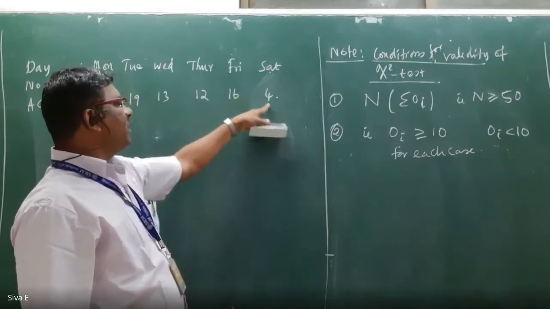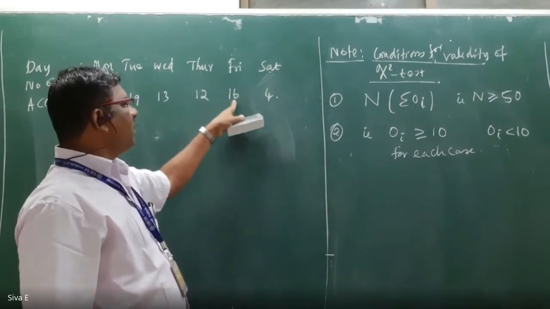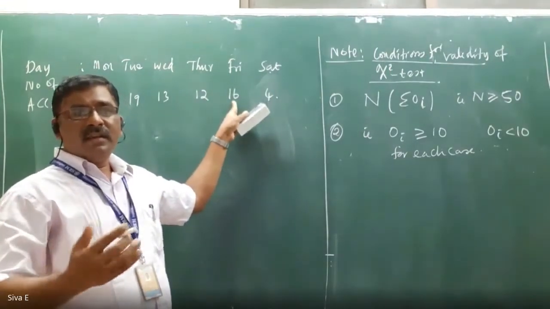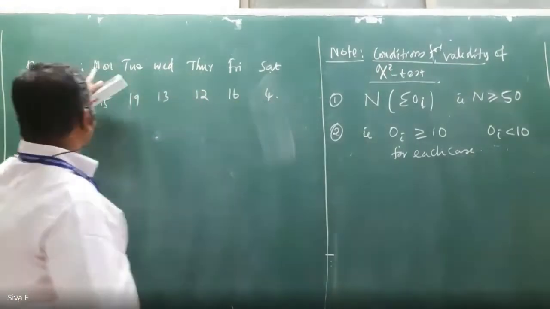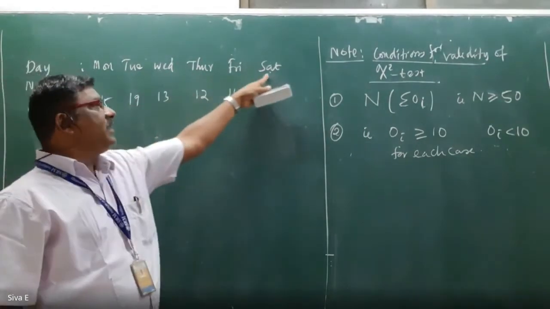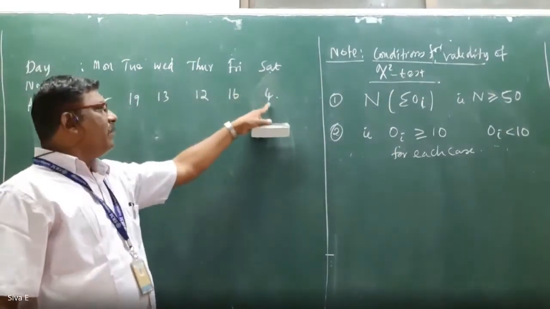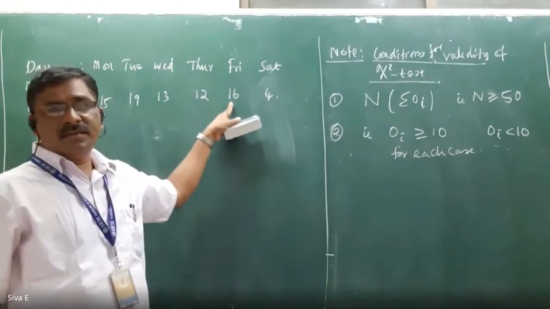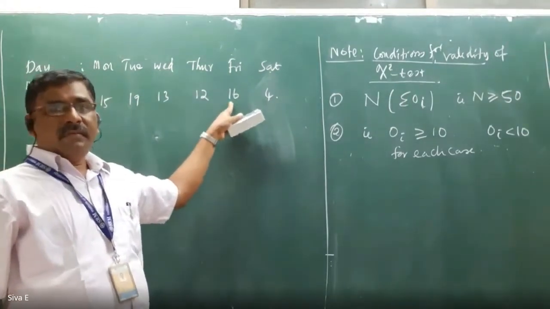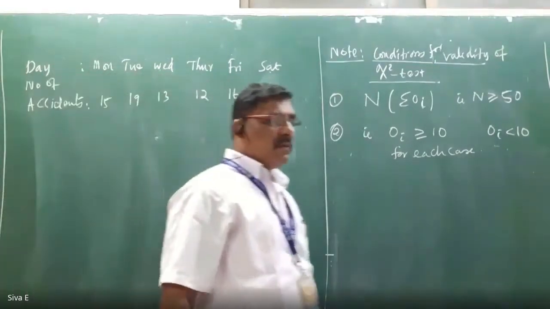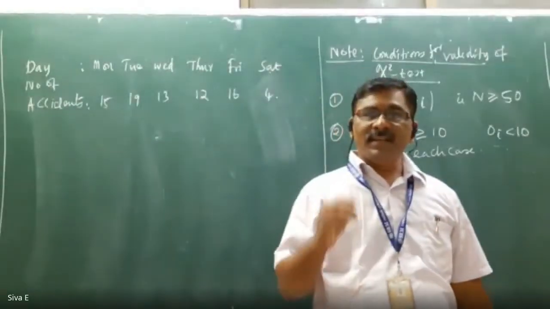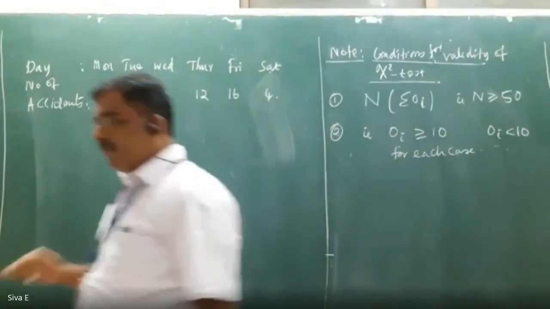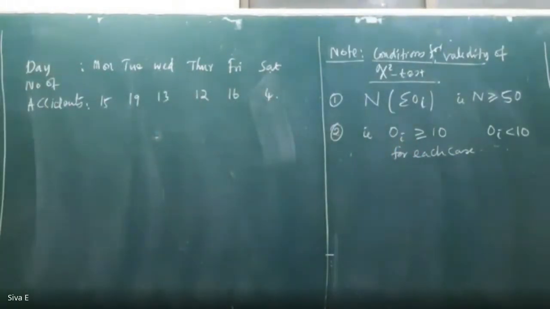That means 16 plus 4, that will be 20. Then the number of classes will be 5. When you combine with the neighboring frequency, the number of cases will be reduced. If the individual frequency of any class is less than 10, we have to combine it with the neighboring frequency. That is the second point.